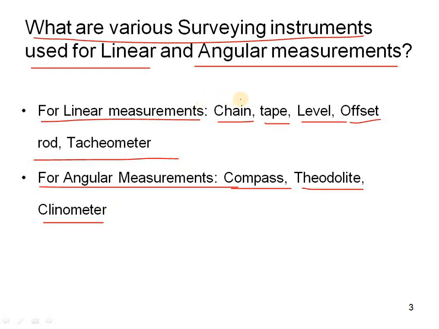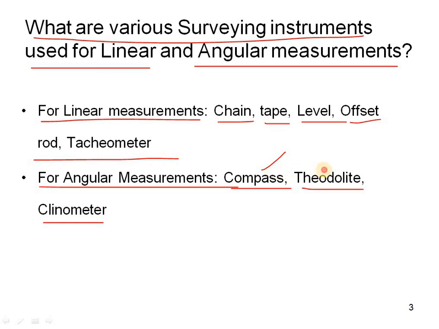In linear measurements, from the starting itself, by use of chain we can calculate areas and measure lengths. With the help of a dumpy level we can measure ground levels, and the offset rod is used to set out the perpendicular, the 90 degree angle. The tachometer is used for different bearings and angles, horizontal angles and vertical angles. In angular measurements, with the compass we have done bearings, forward bearing and back bearing, calculating the area, closed traverse and open traverse.